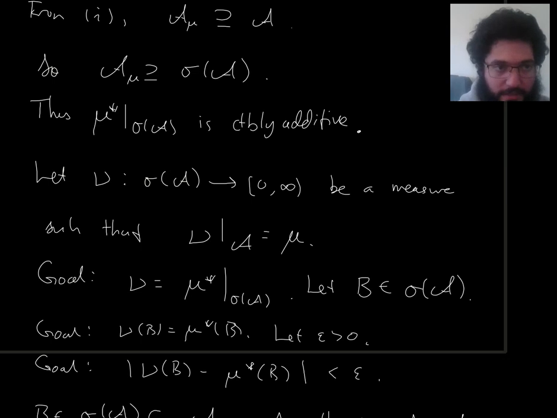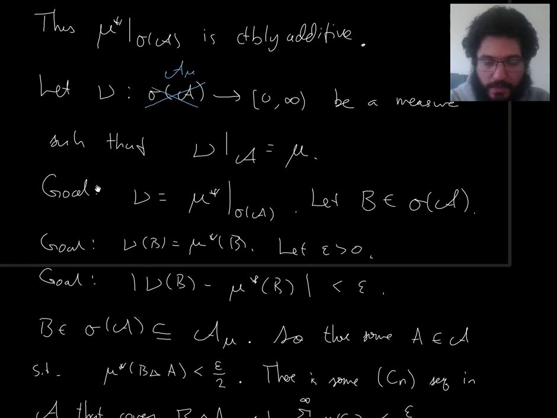So let's look at whether or not it's easy to just do a modification. So let nu be defined on A mu such that it's an extension of mu and it's a measure, it's countably additive.